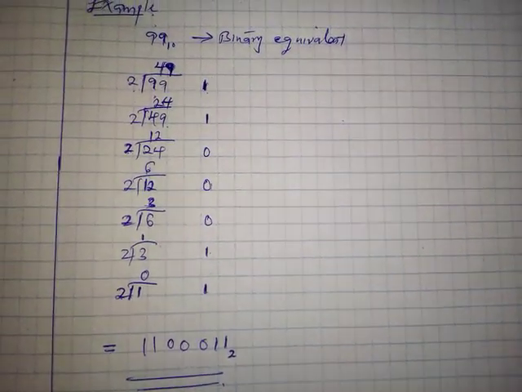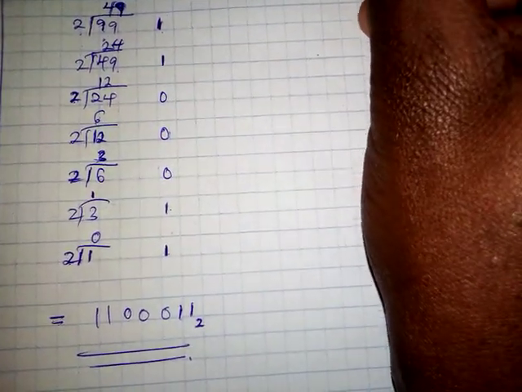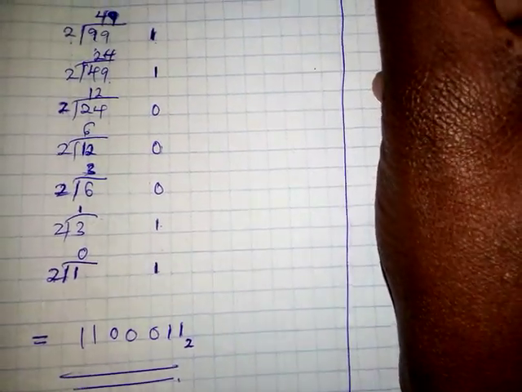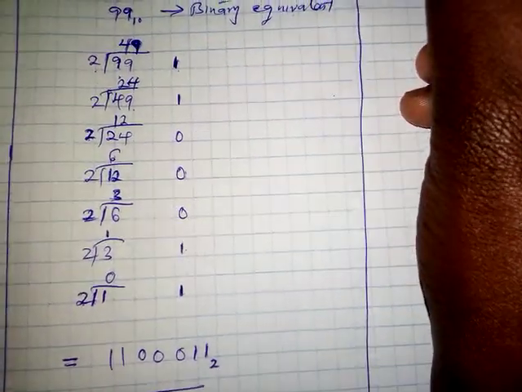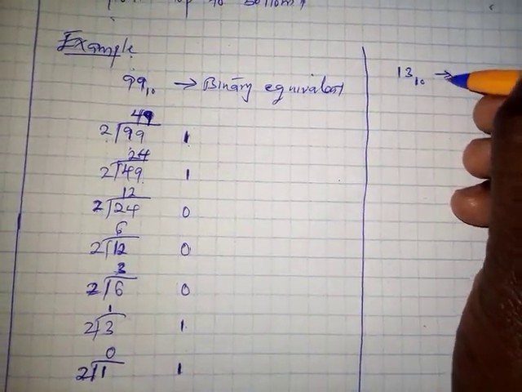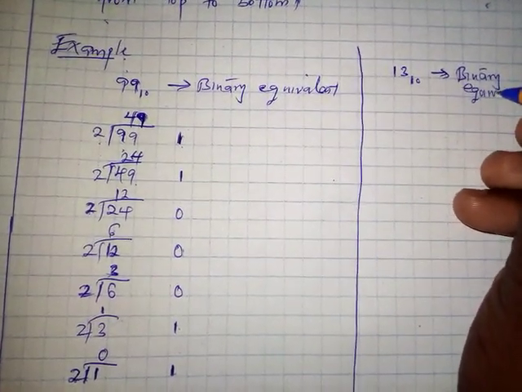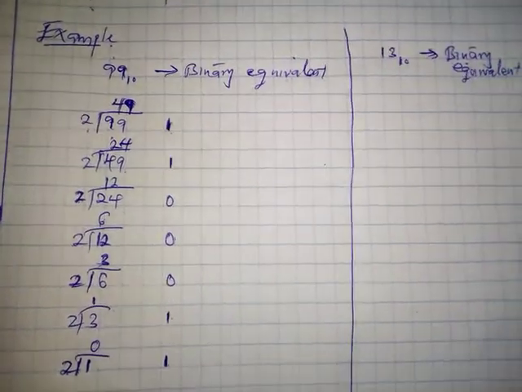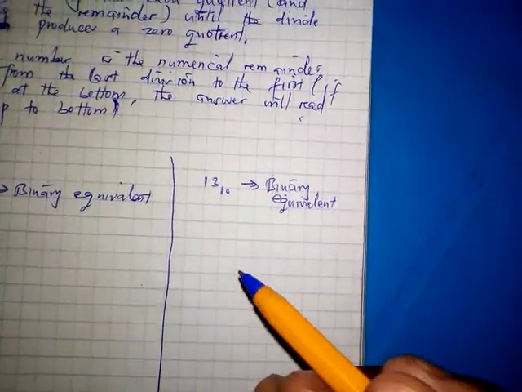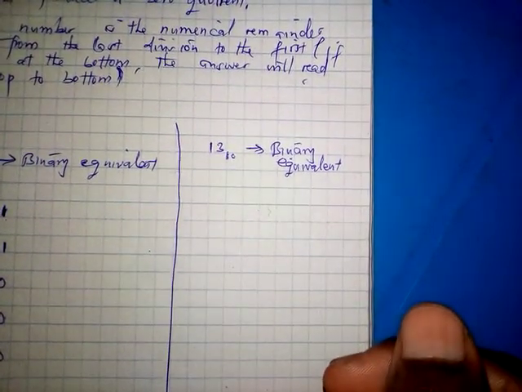We can do another example. For example, we're given 13 base 10, and we are asked to convert this to its binary equivalent. Again, I start from top to bottom. Remember, it's your choice.